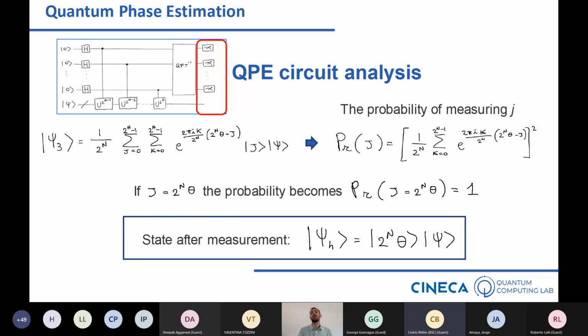Yeah, at the end it's a number, but here you represent it in binary. j is a number, but what you get in the measurement is 1s and 0s. Those are the bit string that in binary tells you which number j is, because j is a number from 0 to 2 to the n minus 1.